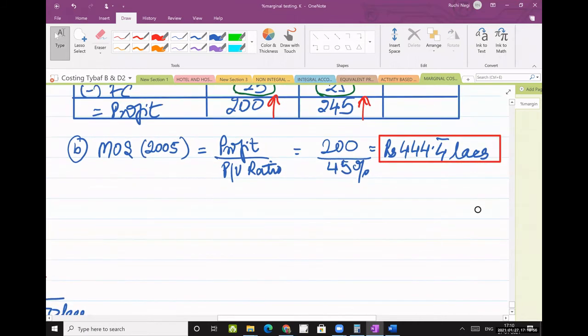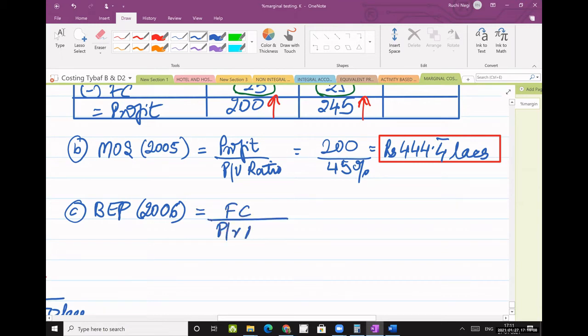Okay. Next, what do we want? BEP, but for which year have they asked? Only 2006. Formula: fixed cost upon PV ratio. Fixed cost is how much? 25 lakhs. Divide by 45%.